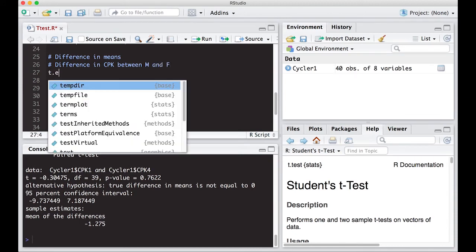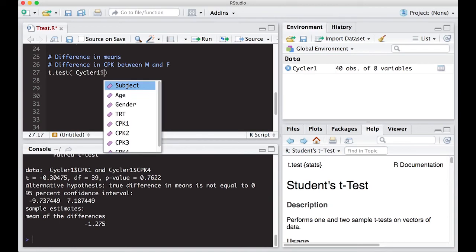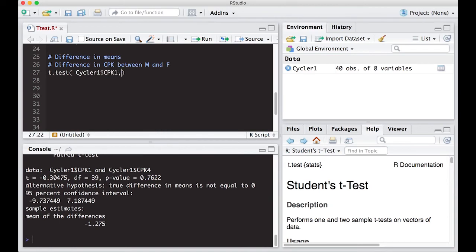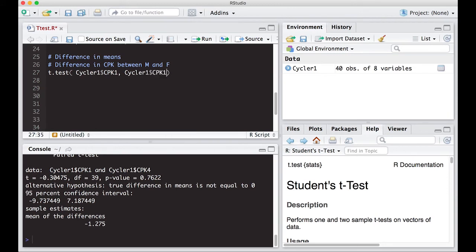And again, t.test will do this for us. And remember, this is not a paired test. So I'm going to do cycler1, and then I want CPK1 again. But now I need to divide them up, and I'm going to show you two ways to divide them up. We can use our subset notation to do this.